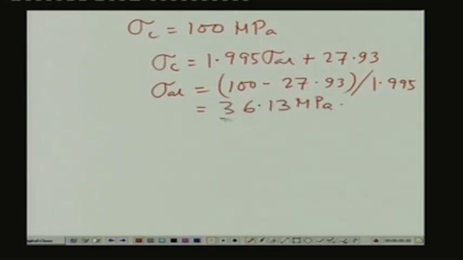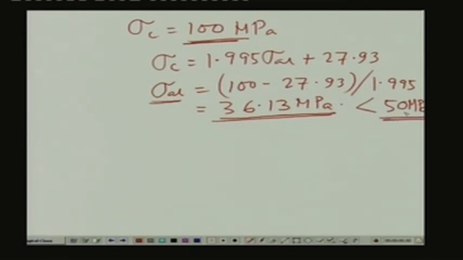So, by allowing the copper rod to go up to its limiting value of 100 MPa, the maximum stress that can be generated in the aluminum slip is 36 MPa, which is well within the allowable limit of 50 MPa.